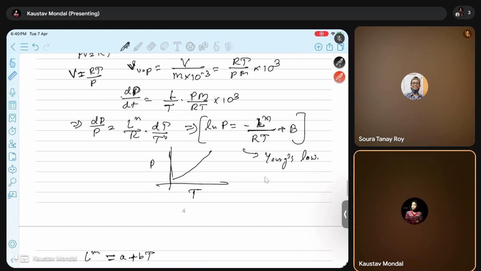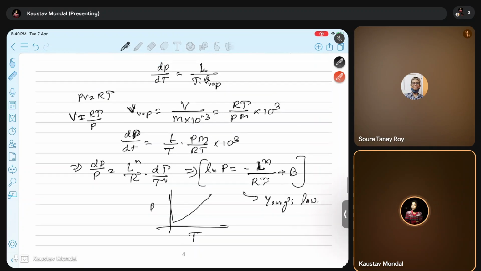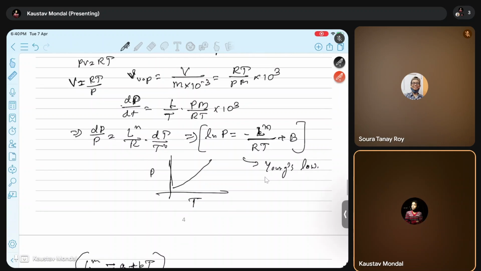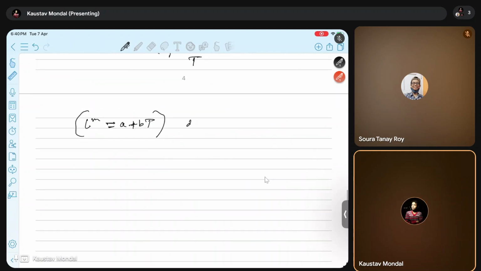Now, if you substitute Lm equal to A plus BT in this relation, you will get dP by dT equal to A plus BT by RT squared into P.